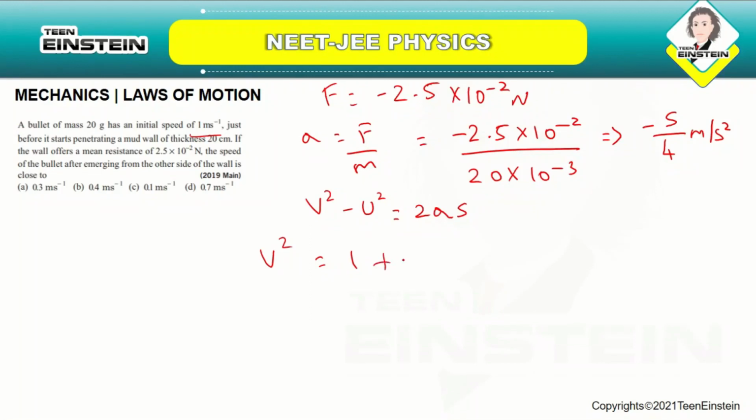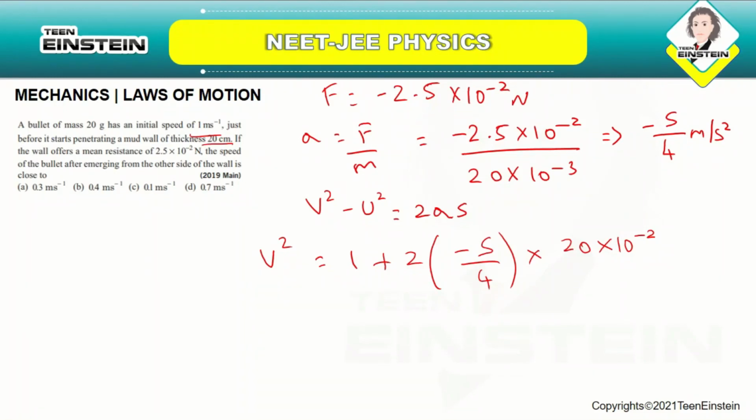So v square is 1 plus 2 into a, which is minus 5 by 4, into s, which is 20 into 10 power minus 2, the thickness of the wall, the distance through which it has travelled.